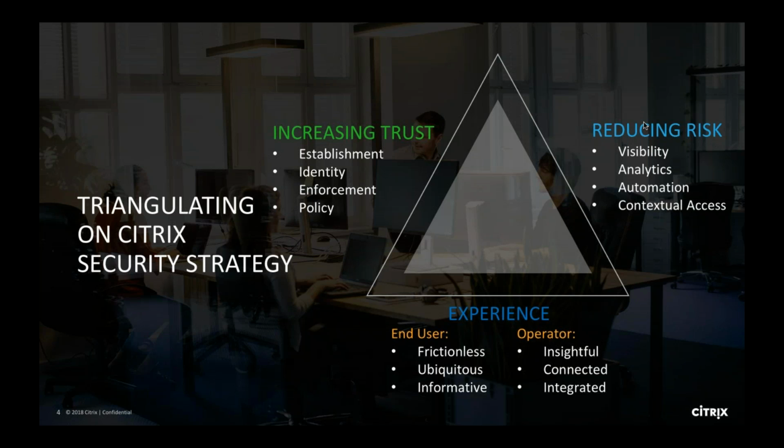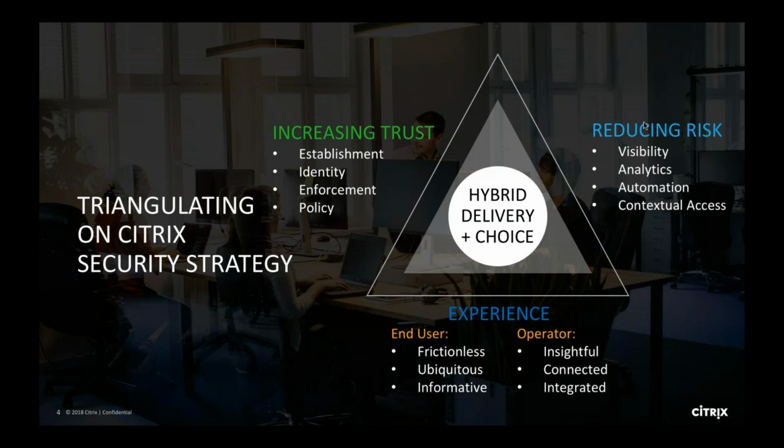And third, and equally important, is that security often gets in the way of end user experience. But for us, experience is a very crucial part of how we think of the digital workspace. So for us, that means making the overall process of access frictionless and easy, while from an operator and admin perspective, making this integrated into their overall security delivery.